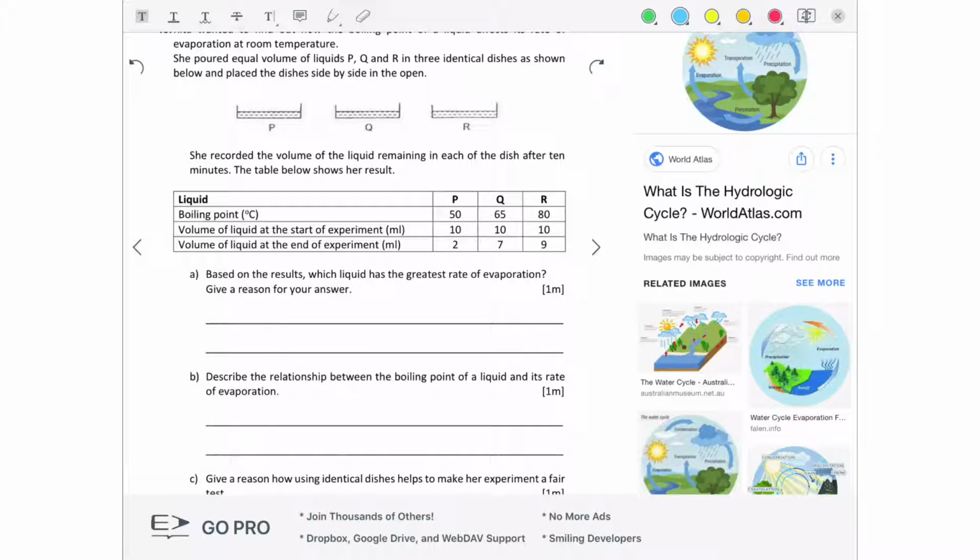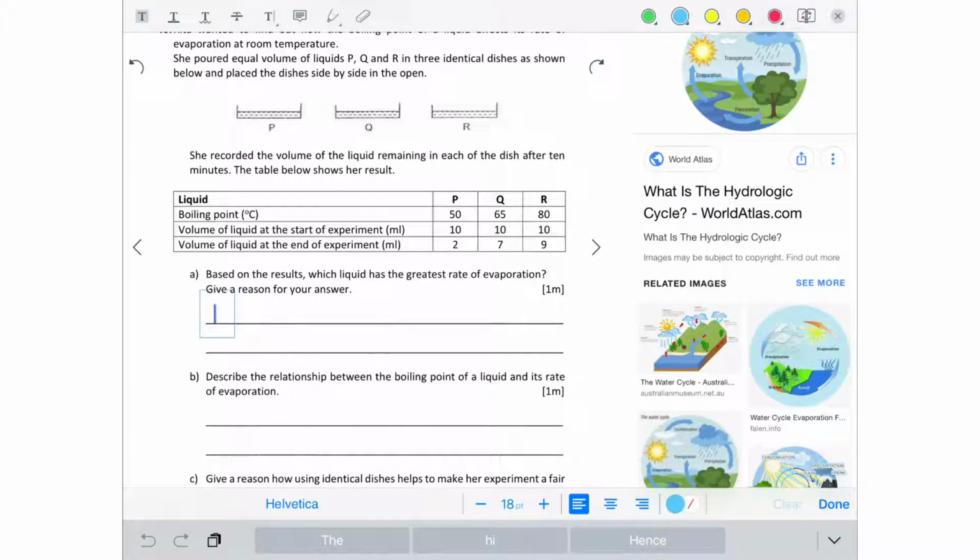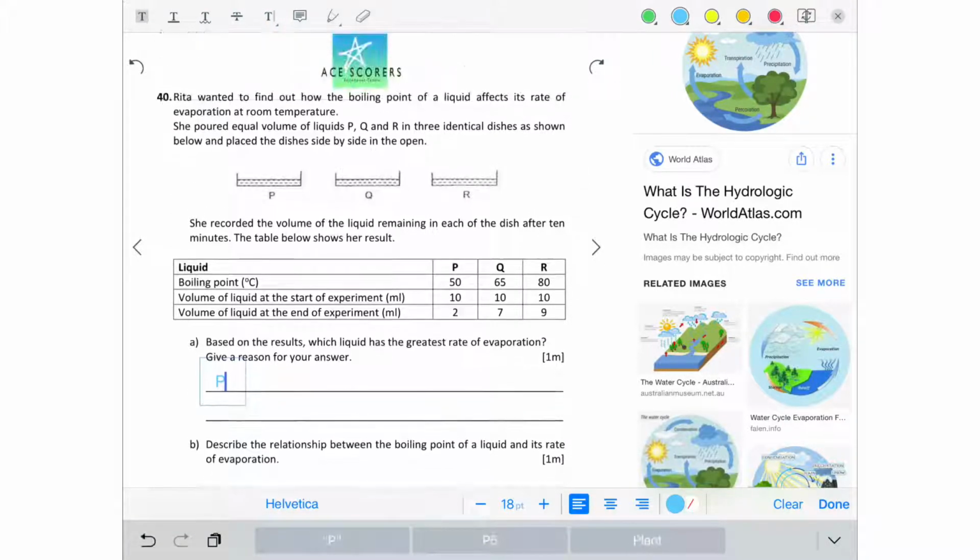So which one is the greatest rate of evaporation? Yeah, P. So we have to give a reason. Most amount of water loss. So P has the most amount of water loss, as shown in the data, right?